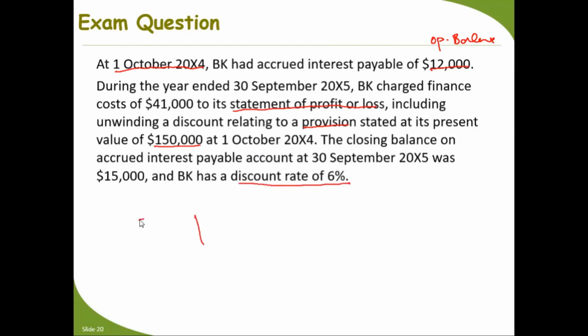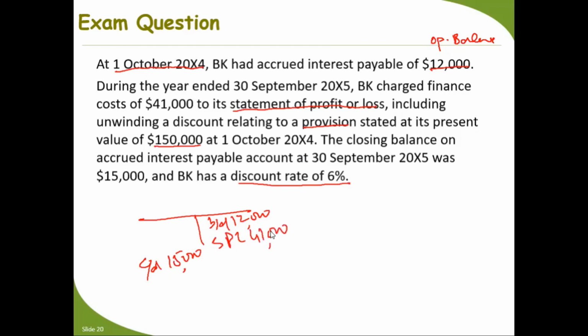There are two possibilities. One way is we will make a T account. So opening balance is a liability, 12,000. Now balance brought down, balance carried down, 15,000. Now the charge in your statement of profit and loss, for that purpose journal entry, is here 41,000.